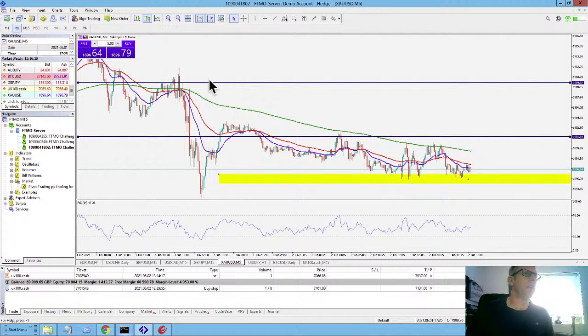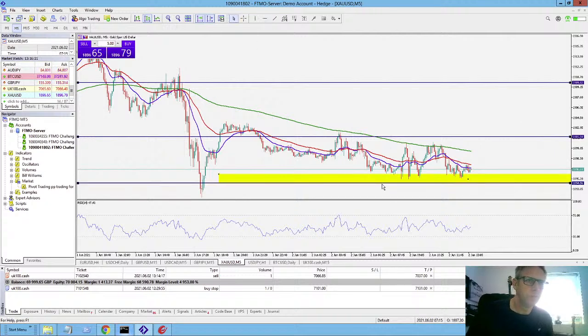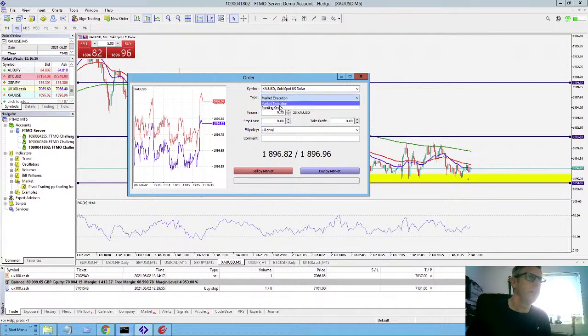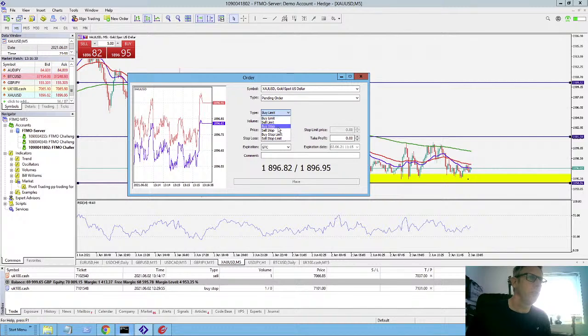I'm going to place an order. I'm going to place a sell order at 1894. Quite a small trade. Pending order, sell stop.